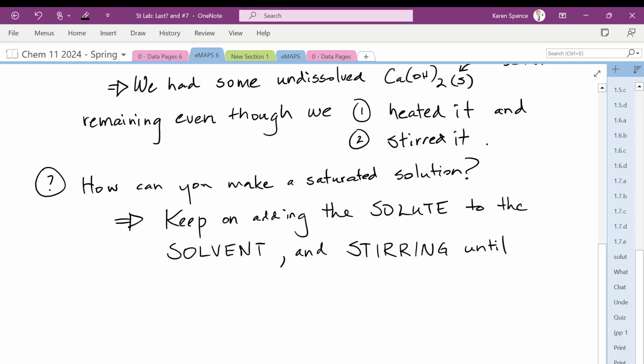All right. Until what? We add solute and we stir until it stops dissolving, until some undissolved solid remains. And then if you want to, you can filter out the undissolved solute, okay?